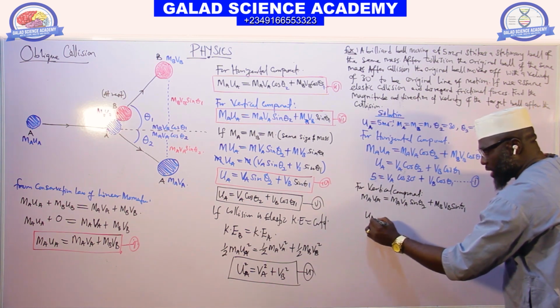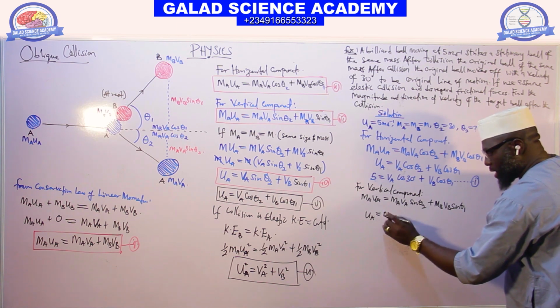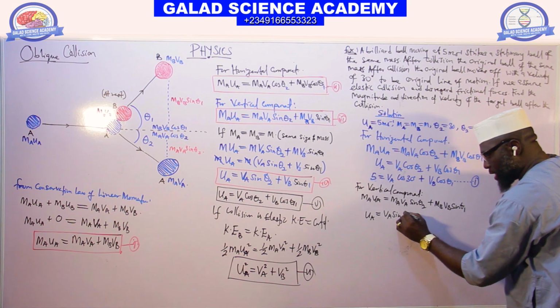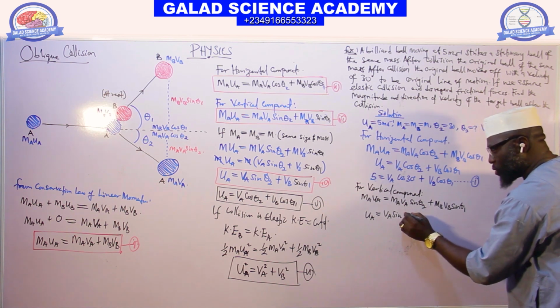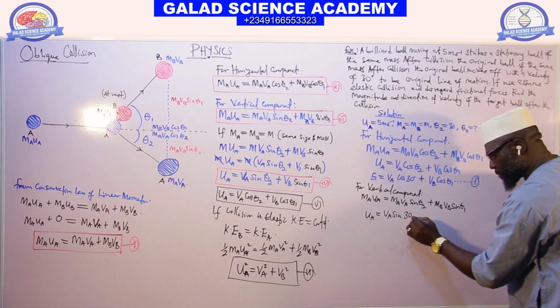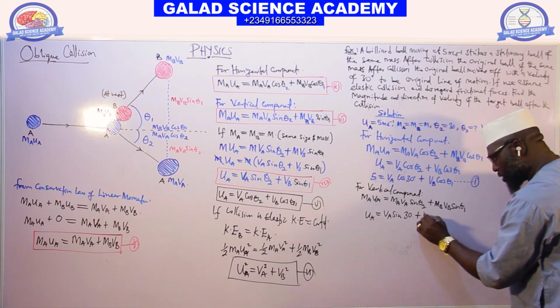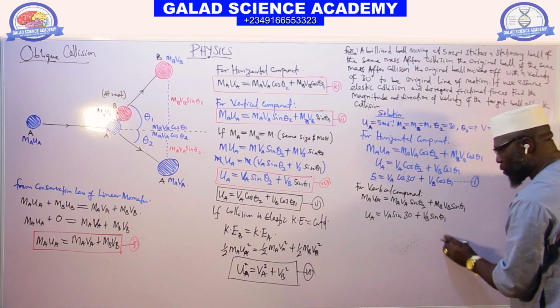You have VA sine 30 plus VB sine theta 1.